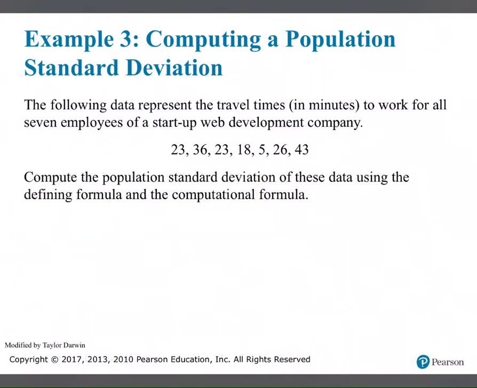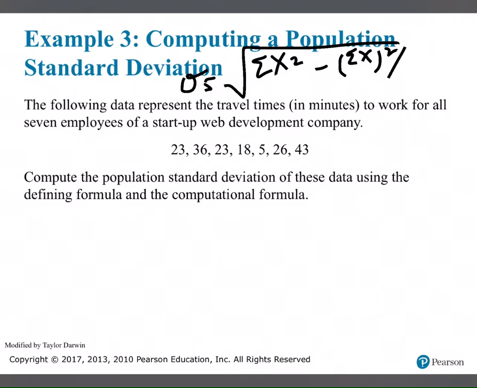Okay, so really quick, I'm going to write this formula down, to the best of my ability. It is the square root of the sum of x squared minus the sum of x's squared divided by n, all divided by n.